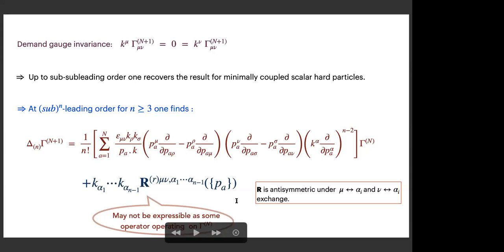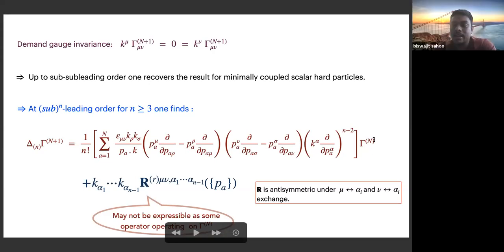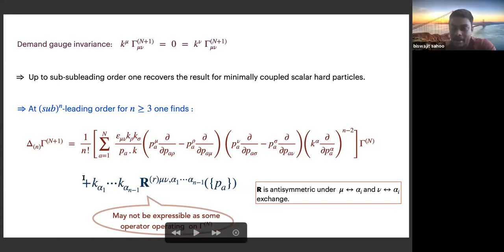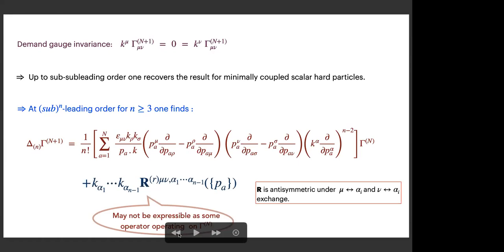That's the question. Means starting from gamma n to gamma n plus 1? No. I mean, gamma is one particle irreducible, right? And you use that, I think. The full amplitude is constructed out of gamma from 3 diagrams, right?